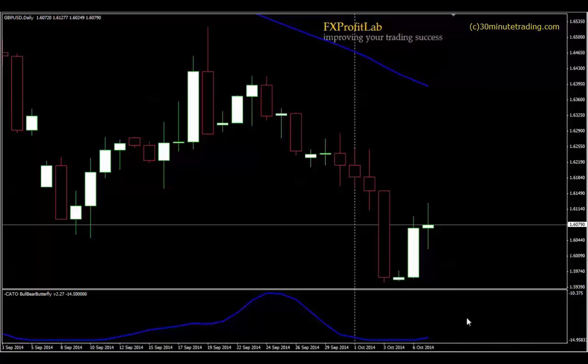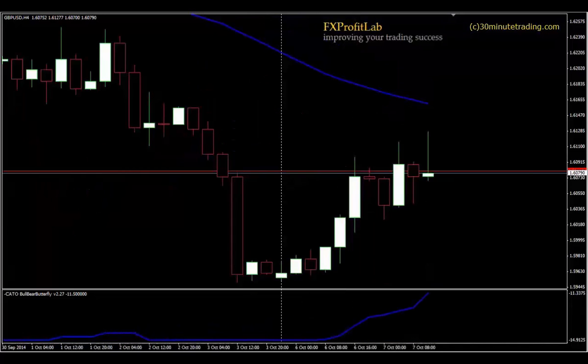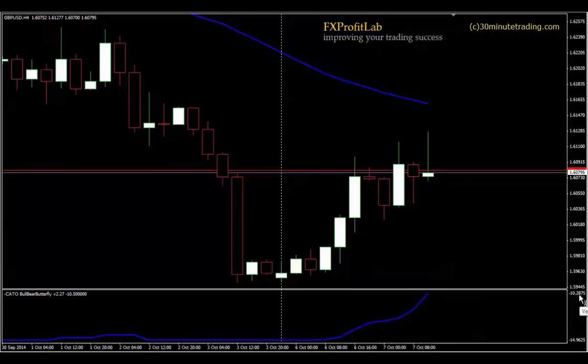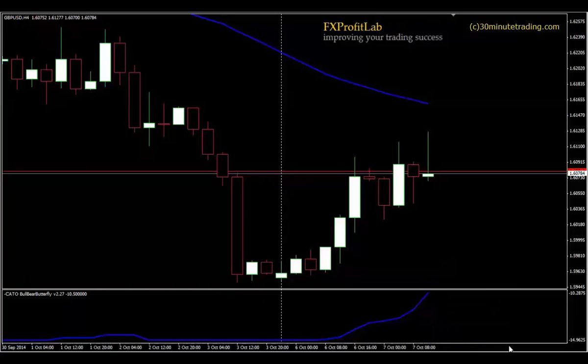However, at the moment, we're really looking for trades only going down. But from a 4-hourly point of view, you can see it's clearly sloping up, but it is still below -7.5. It's therefore still bearish, so we're still looking for trades to the downside.